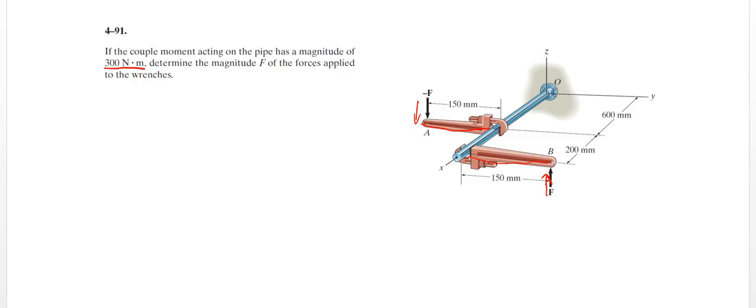So our approach here will be, we'll recall that M equals R cross F. And then we can use a position vector. We'll find position vector RAB, be step one.